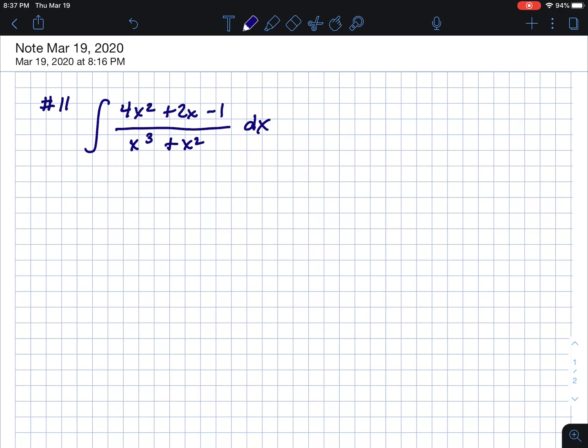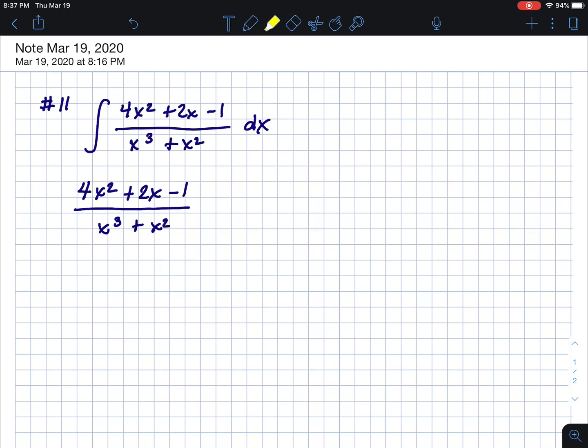So we're going to focus in on the partial fraction, and then we'll set up the integration in just a little bit. Okay, so we have 4x squared plus 2x minus 1 all over x cubed plus x squared.